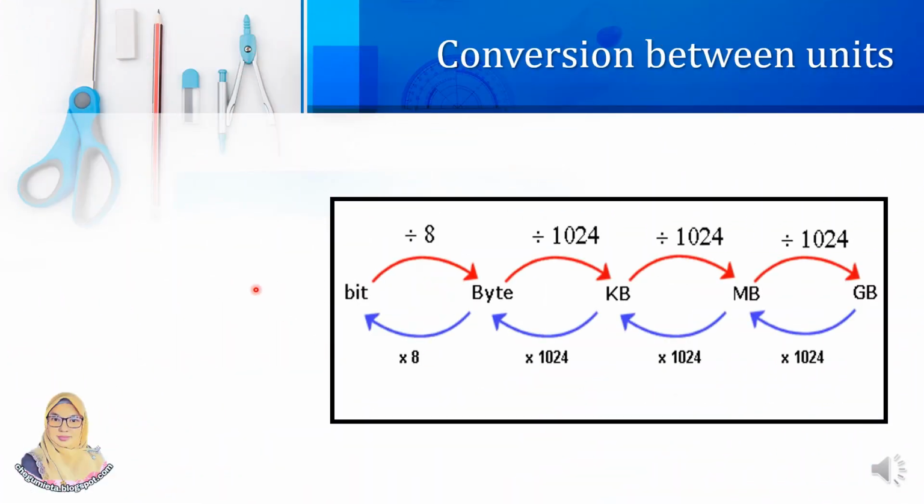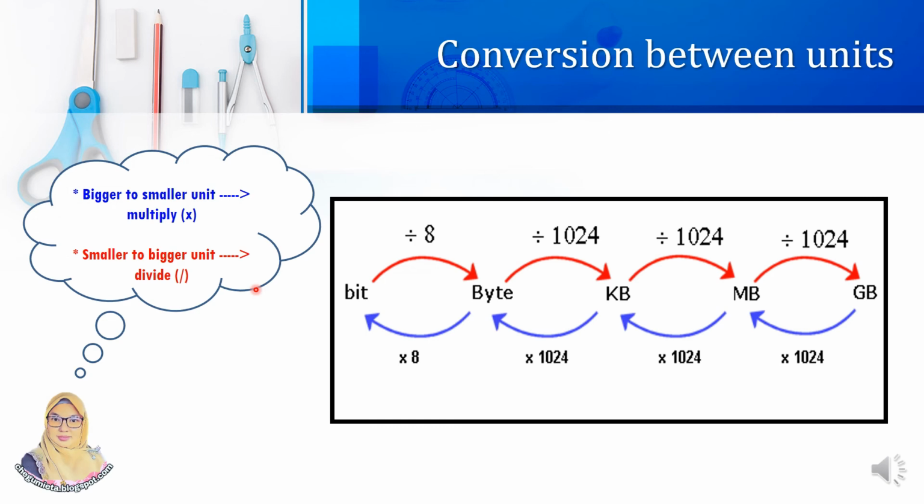After that, you should know how to convert between those units. To convert from a bigger to a smaller unit, the blue one here, you should multiply the value given to you by 1024.